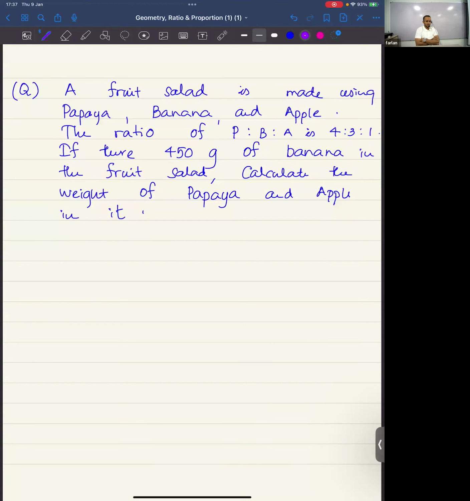If there is 450 grams of banana in the fruit salad, calculate the weight of papaya and apple in it. Can you give a try?